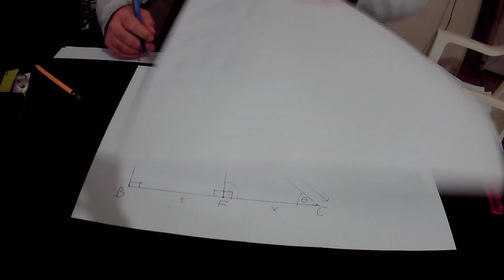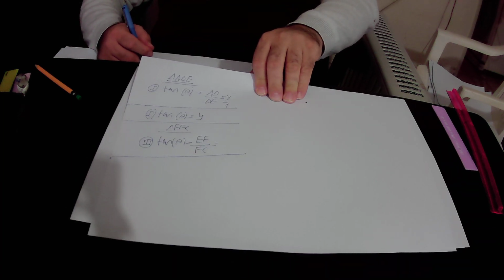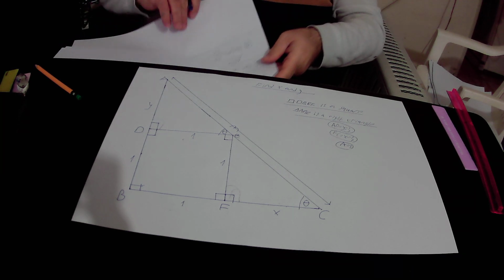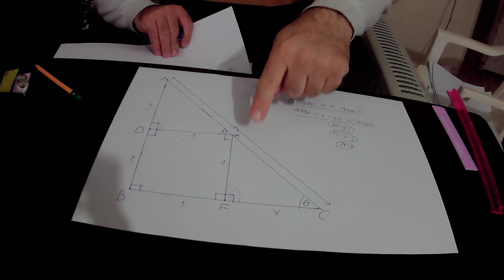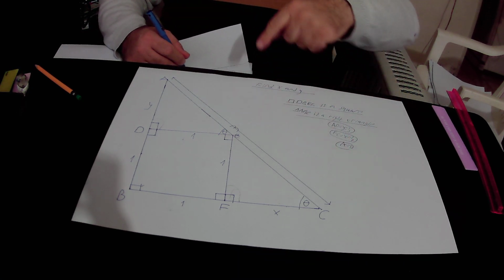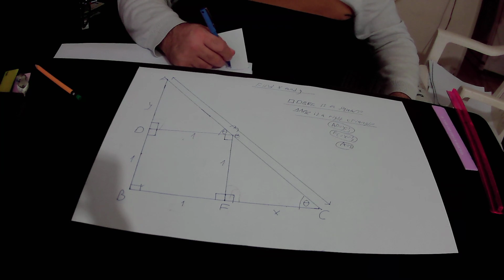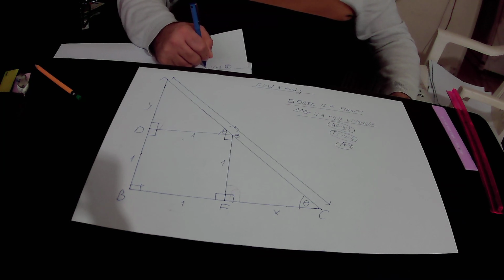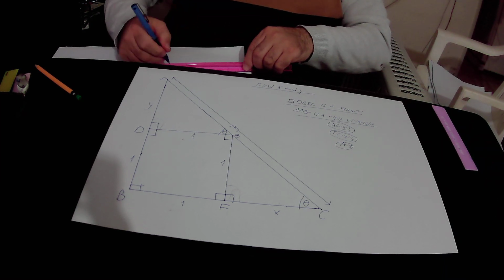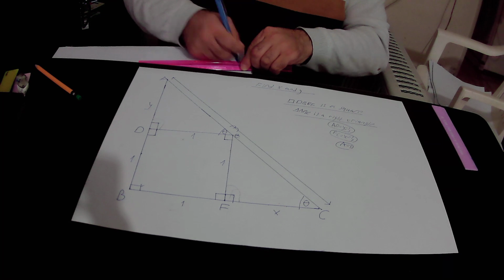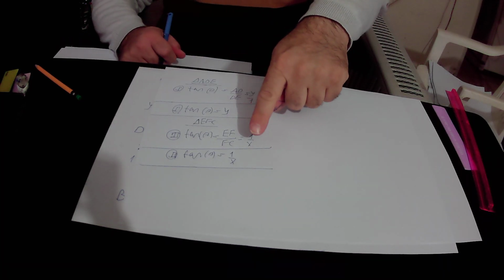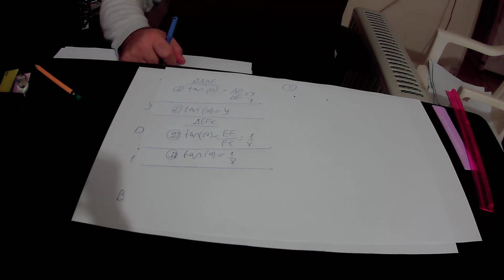In the right triangle, triangle EFC, tangent theta equals EF over FC. Here EF equals 1 unit and FC equals X. So in conclusion, we found out that tangent theta according to equation number 2 equals 1 over X.